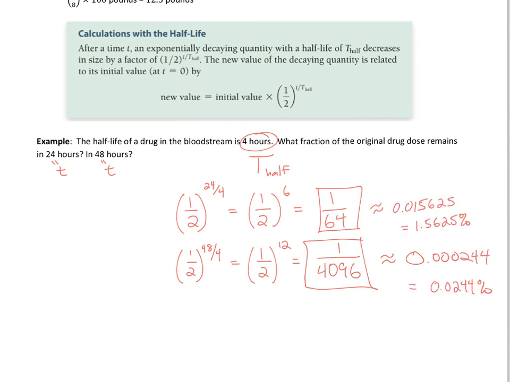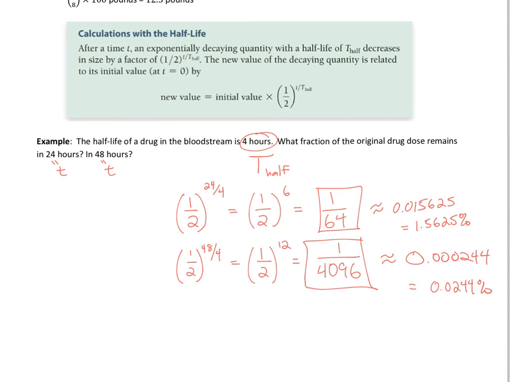So to think of these in terms of percentages, when you take a dose of this drug with a half-life of 4 hours, after 24 hours, about 1.5% of the original drug remains in your bloodstream. And after 48 hours, only 0.0244% of the drug remains in your bloodstream. And this is a very real application of half-life.